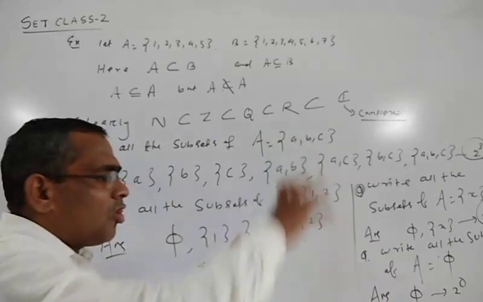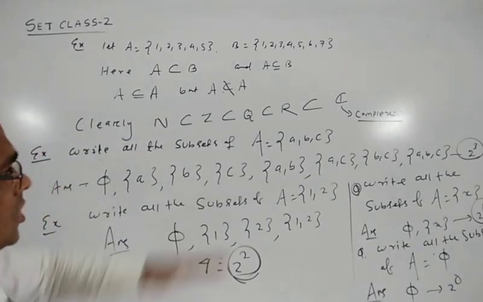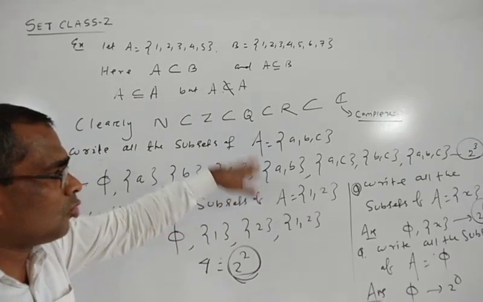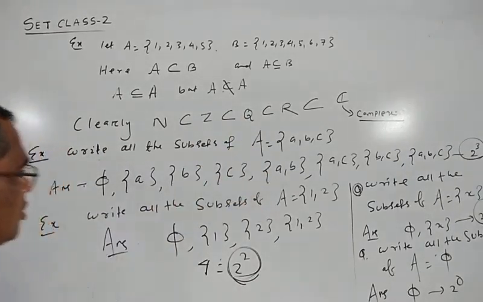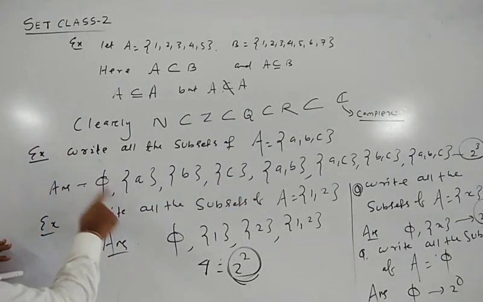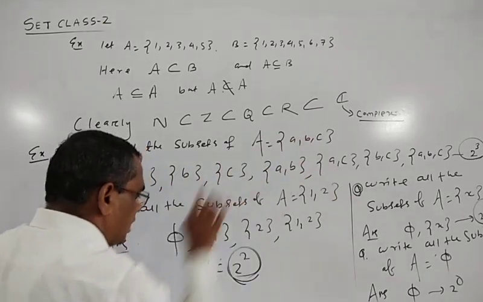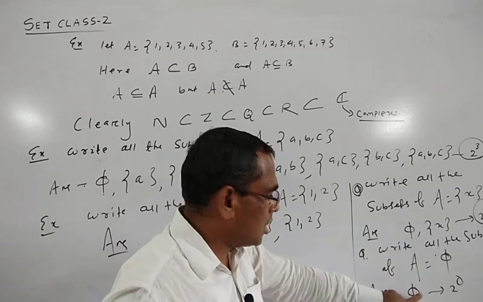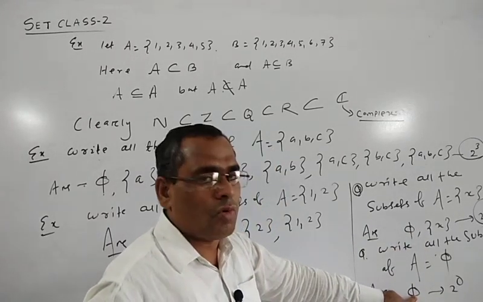Among all the subsets, suppose here there are 8 subsets. Which one is the smallest subset? Phi is the smallest subset of set ABC. Here also phi is the smallest subset. Why is it the smallest subset?